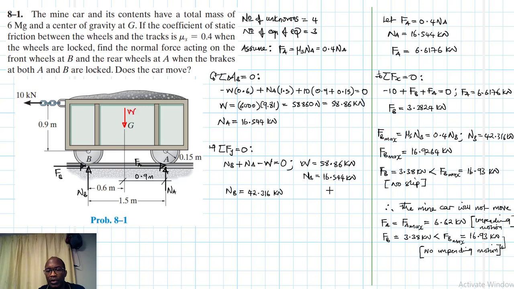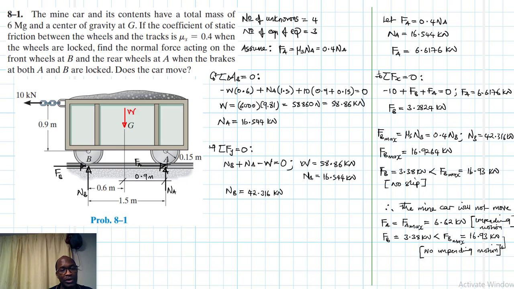Okay, we don't expect it to, because we still have room. You've seen here we still have room, so this car is going to be in equilibrium at the values we've calculated. FA equal to 6.62, which is the maximum, and FB equal to 3.38, which is less than the maximum. Okay, so it means this 10 kilonewtons, we can keep on increasing it until FB reaches the maximum, and when we exceed the maximum, that's when you expect both will begin to move.